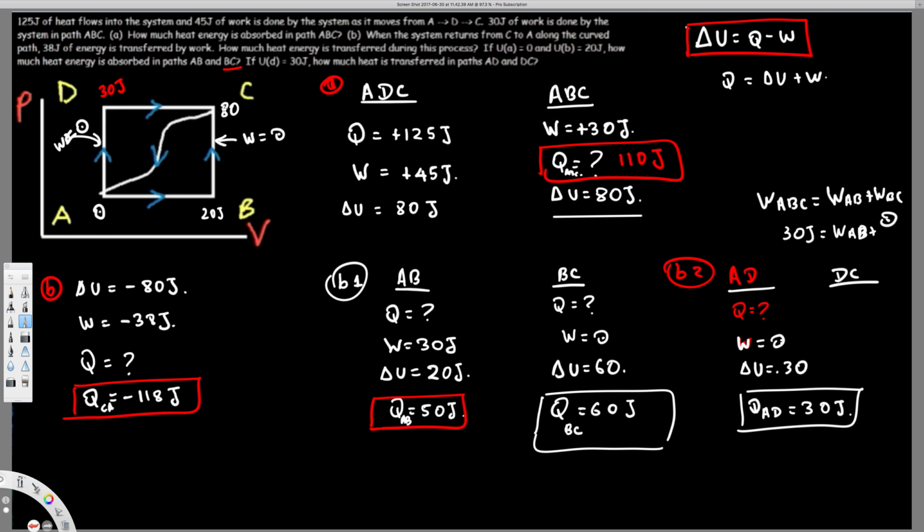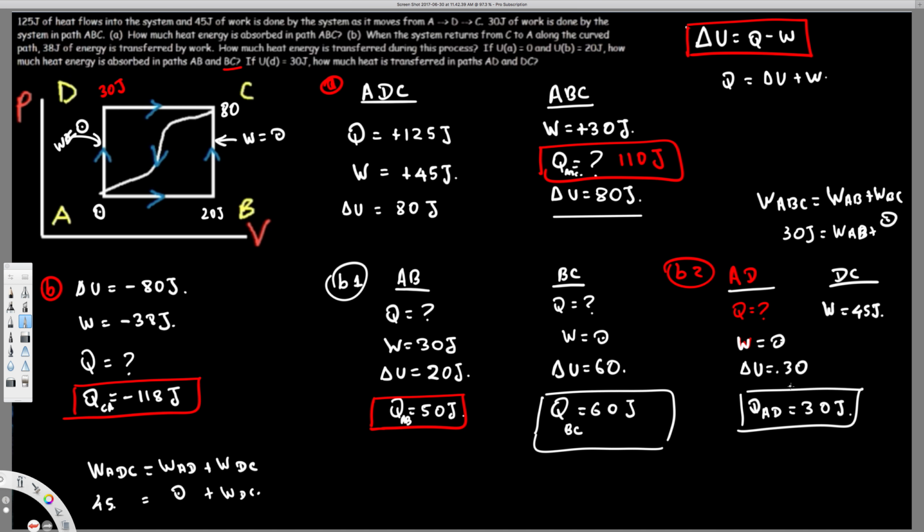So we know that WADC is equal to WAD plus WDC, right? If WAD is equal to 0, we know that this is a vertical line, 0, right? Therefore WDC should be equal to WADC. We know that WADC is 45. So WDC must be 45. So W here is going to be 45 joule.